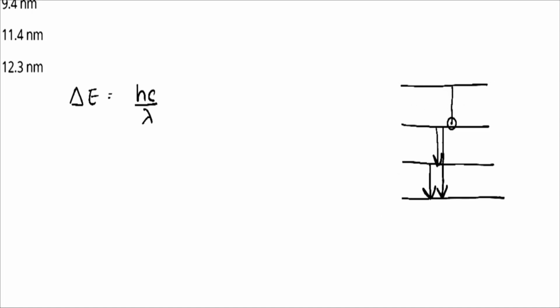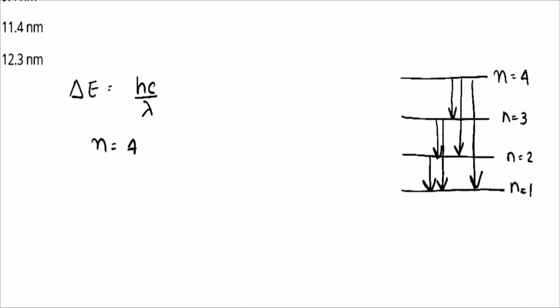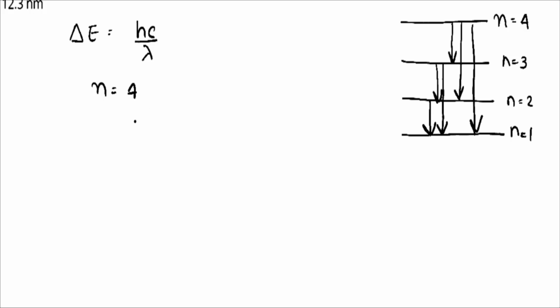Now we are introducing one more, so 4, 5 and 6. These are the possible 6. So it would be excited to n equal to 4, n equal to 3, n equal to 2, n equal to 1. So from here, this is n equal to 4.